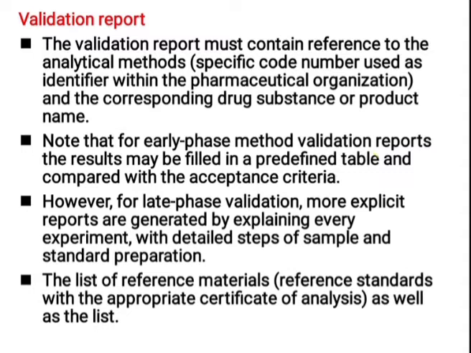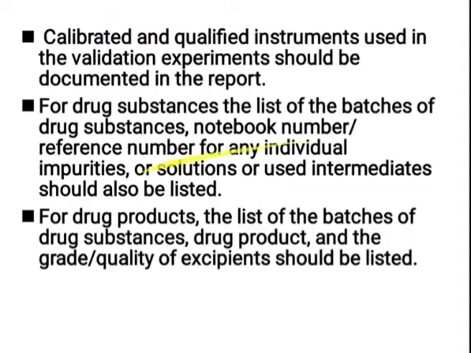The list of reference materials as well as the list of the standards or any compound which is required can be reported there. Then the calibrated and qualified instruments can be used for validation experiments, and that should be written in the validation report.